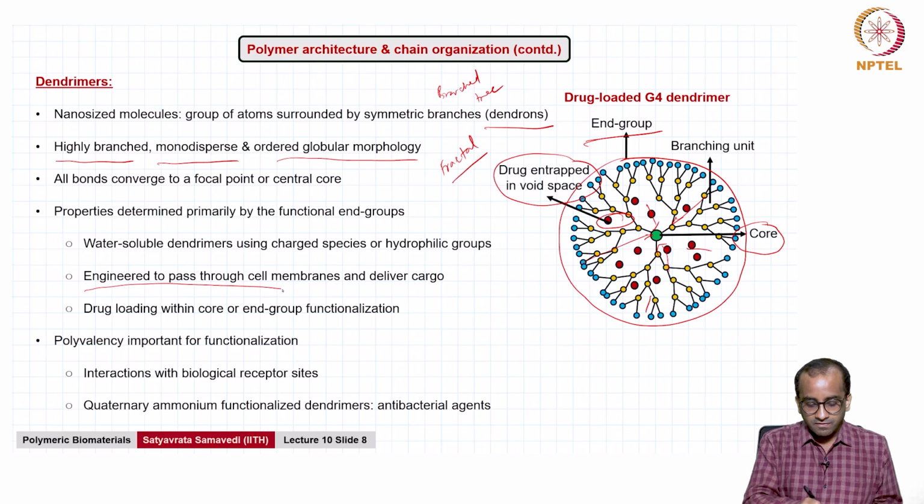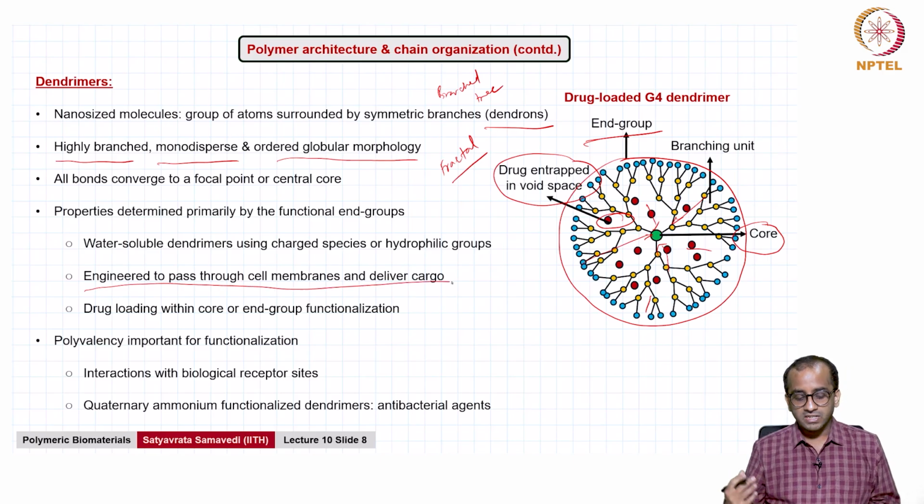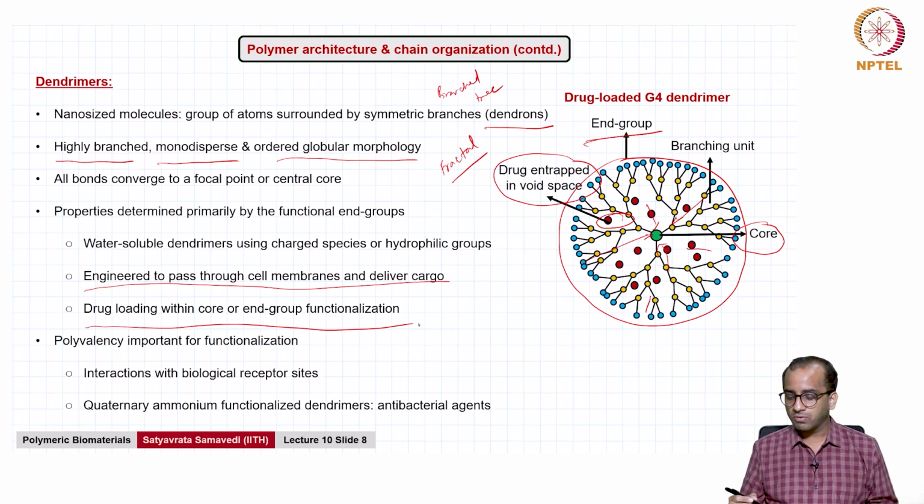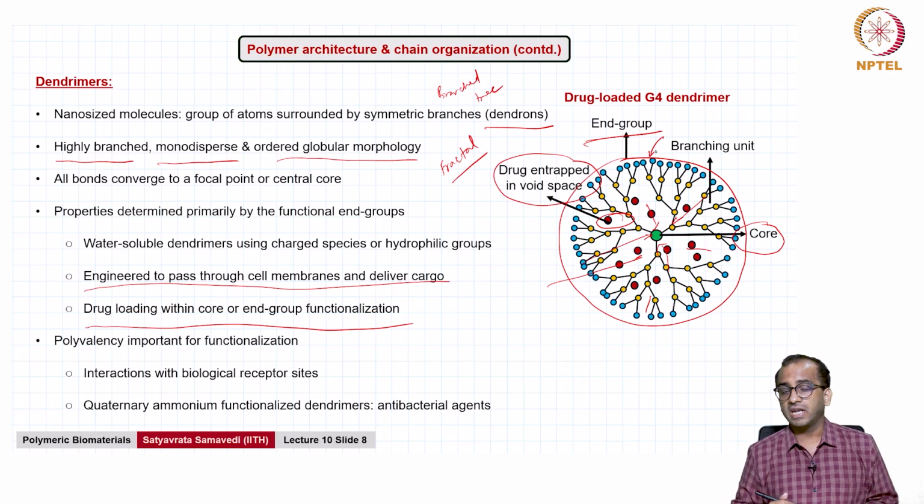You can also have the N groups engineered such that they can now pass through cell membranes and deliver whatever cargo you want to deliver within the cells. And like we already said, you can have drug loading either within the white spaces as shown here, or you can also attach drugs to these N groups, and that can also be used in drug controlled release applications.